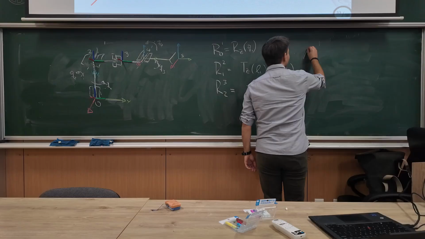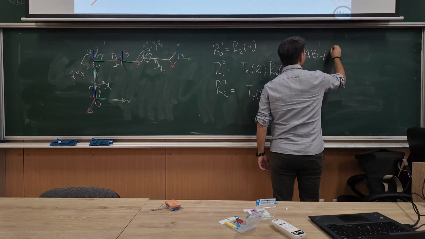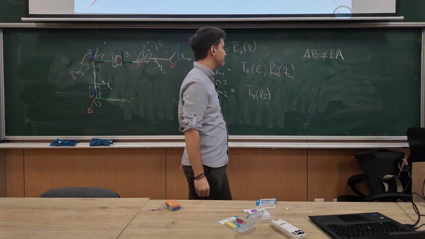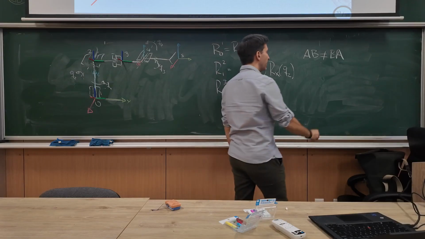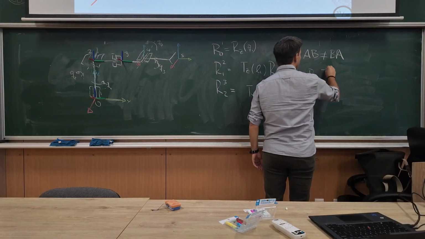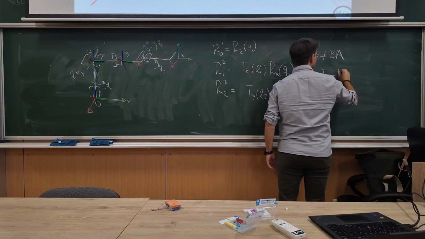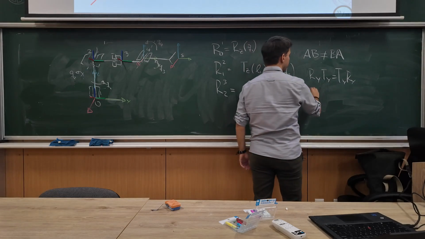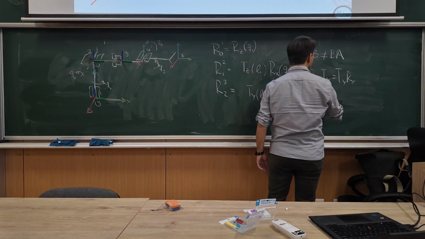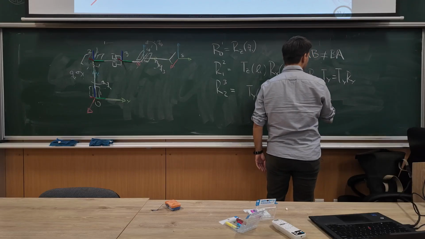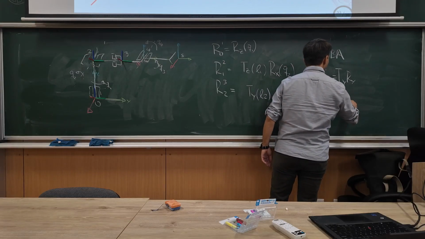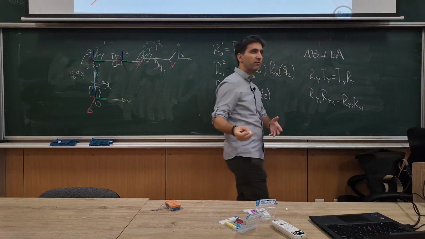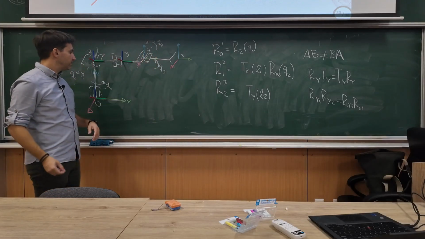We said at some point that when I deal with matrix, this is not true in general, but sometimes it is. And you will see that when I have a rotation and a translation around the same axis, I can swap them around. Or if I have, let's say, rotation on Y1 and rotation on Y2, I can swap them around because it's actually around the same axis.